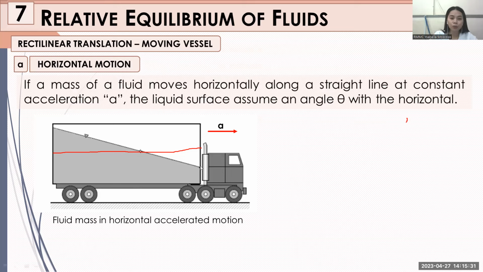So, ibig sabihin, yung tubig ninyo, magtitilt siya into this motion. Ibig sabihin, from horizontal position, naging incline yung position ng inyong fluid. And that is why nagkakaroon tayo ng angle theta. And your angle theta will be measured from your horizontal papunta sa incline. Okay? Ibig sabihin, kinukuha natin yung inclination of your fluid nang dahil sa acceleration.